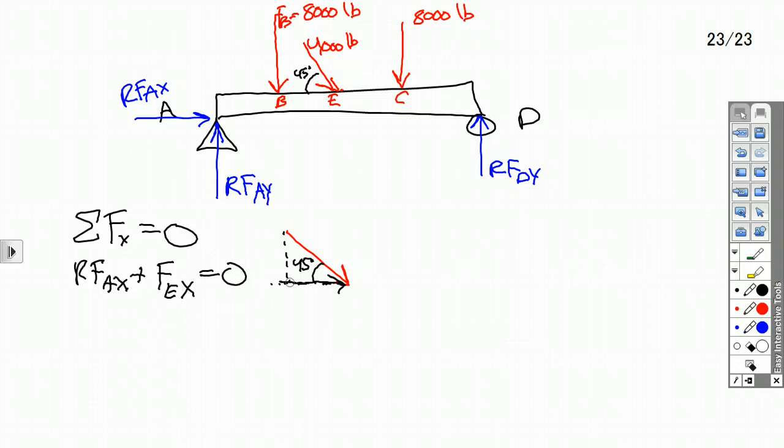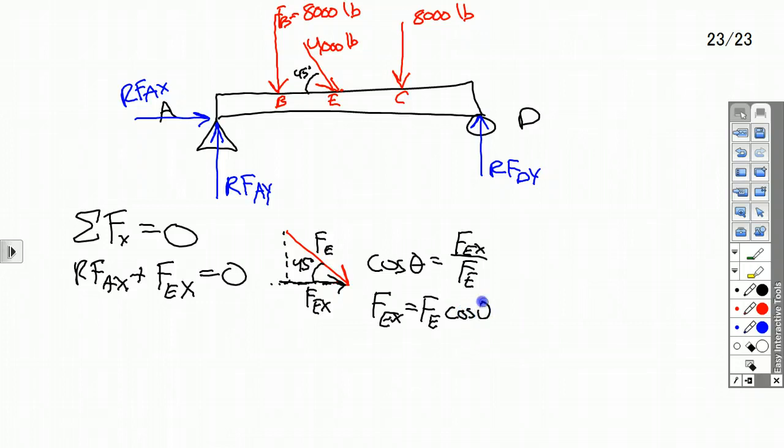If this is FEX and that's FE, the cosine of that angle is going to be adjacent, FEX, over the hypotenuse, FE. So FEX is going to equal FE times the cosine of theta. I know FE, I know the angle, so I can figure that out.